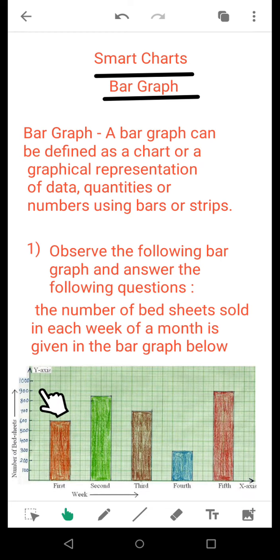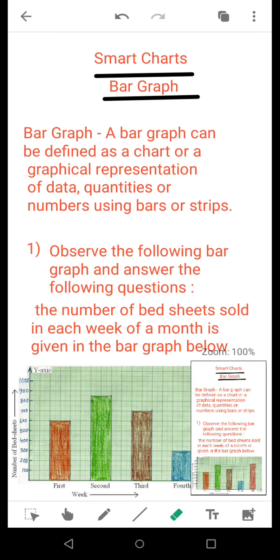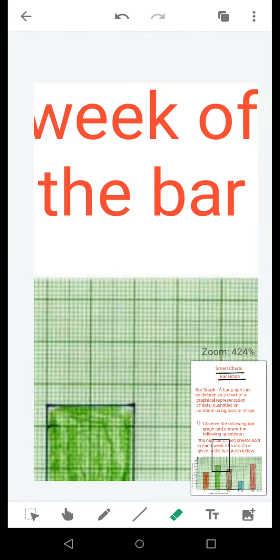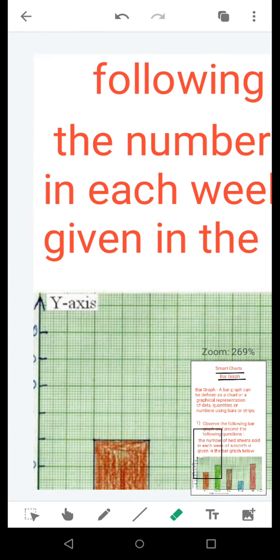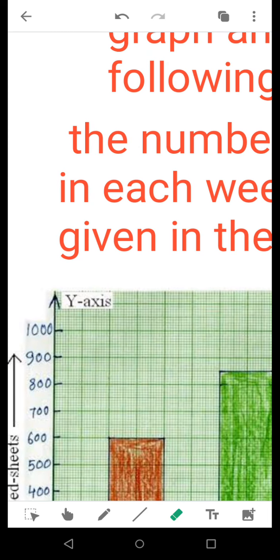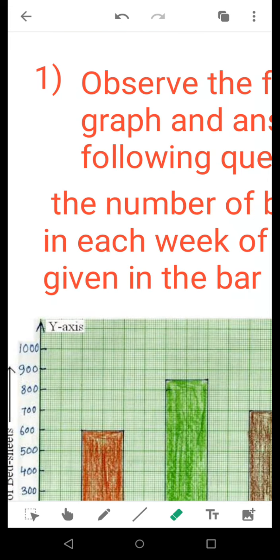Now, as you can see, in the first week, 600 bed sheets. In the second week, let me just zoom in and then I will write. Now, if we zoom more, as you can see, you observe 600 in the case of the first week. Now we come over here.